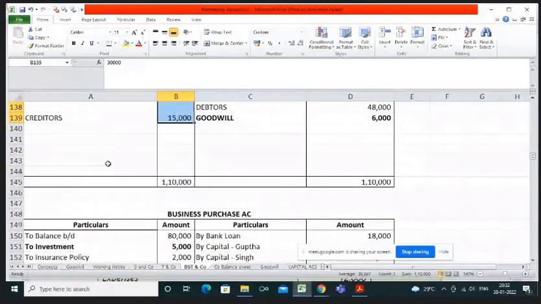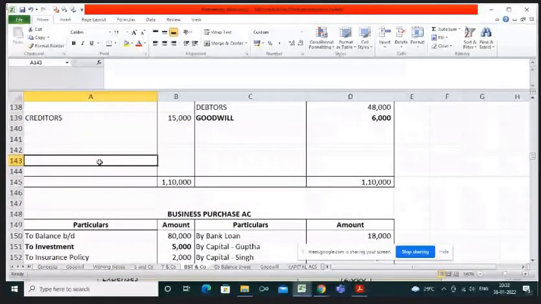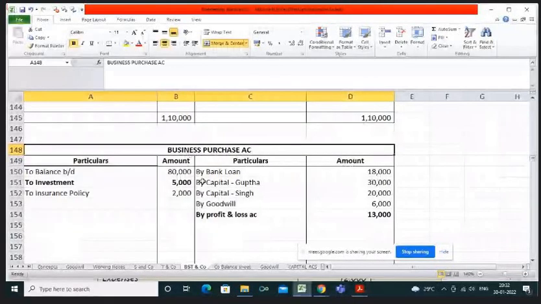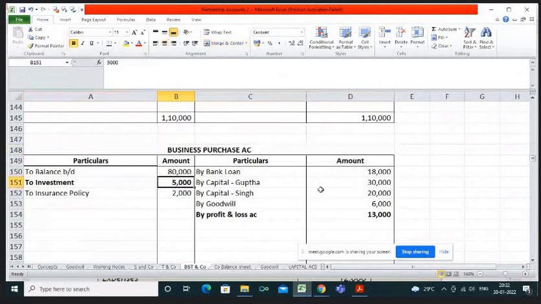If there was no issue, ideally what should have happened? The business purchase account would have been prepared on 31st March 2012. At that time itself, we would have transferred the assets and liabilities not taken over by the proprietor to the business purchase account.